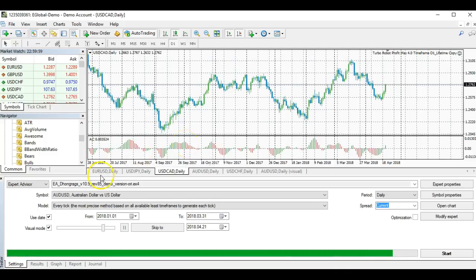a cents account. All right, so we have a number of brokerages offering cents accounts, right? So you try the cents account or mini lot accounts. It's up to you, because if you're using a cents account, your $1,000 will be your $100. Let's say your $100 will be equivalent to 10,000 US dollars in a cents account.